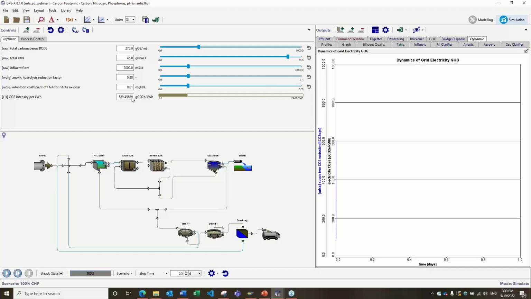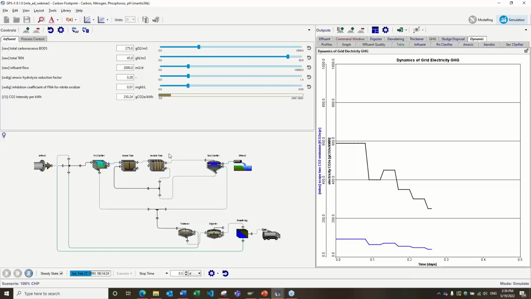So we could create a data file. We can read the carbon intensity for the electricity that is being used here from a data file. And then we can run the simulation, and we can see that if this is the carbon intensity for the first few hours, and if it changes, then of course it will have an effect on the emissions that are happening at the plant.